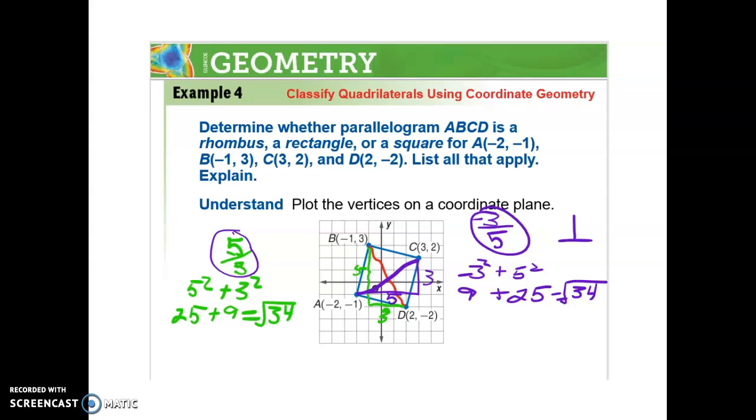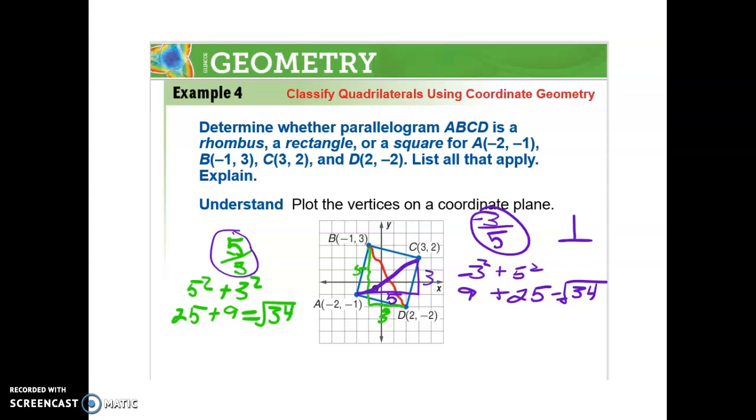And there's a match. Because the slopes are opposite reciprocals of each other and the distances are the same, we find that quadrilateral ABCD is a rhombus and a rectangle and a square.